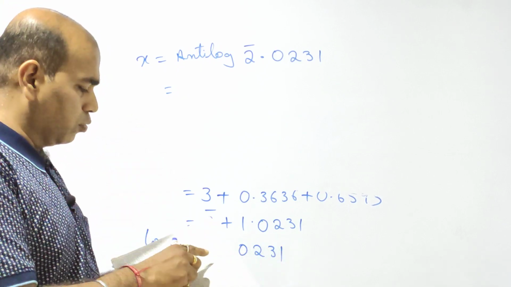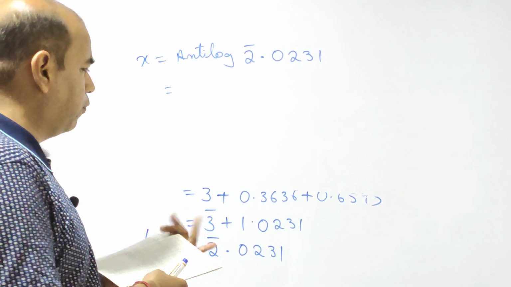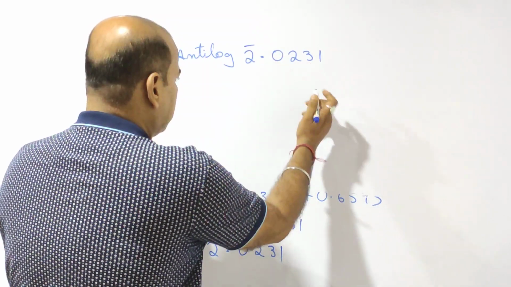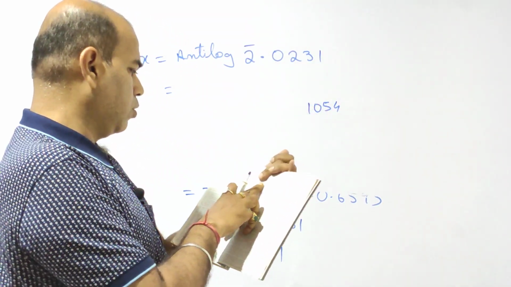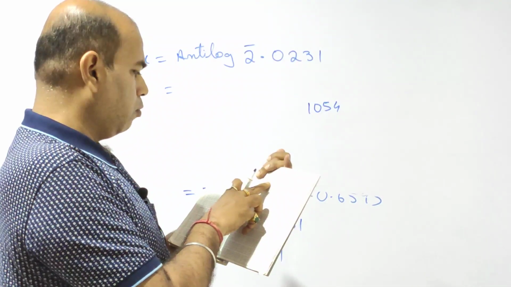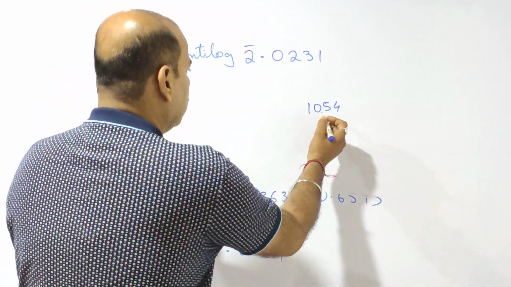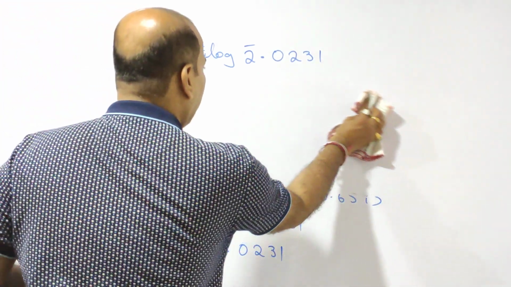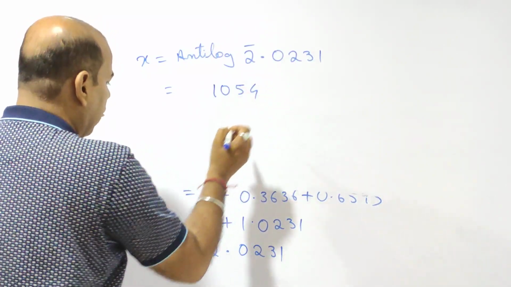So 0.02, 0.02 is 3, it is 1054, and its 1 is 0. So I will directly go for 1054. From the table I am getting 1054.